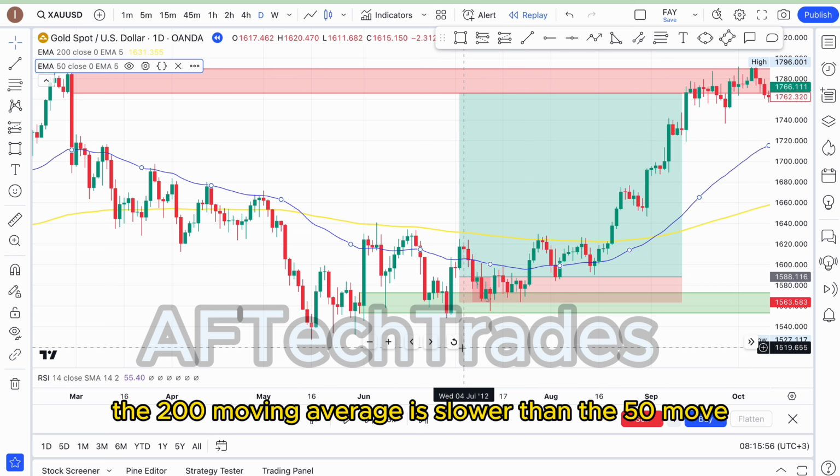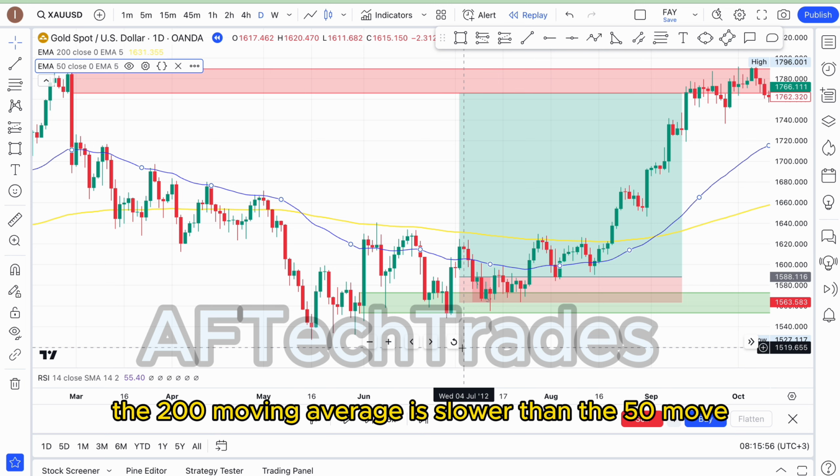So here is, after this inverted hammer, this is the entry here. This is the entry here for me. So in the entry here, I would place a buy, which is this point. Yes, this is it now.